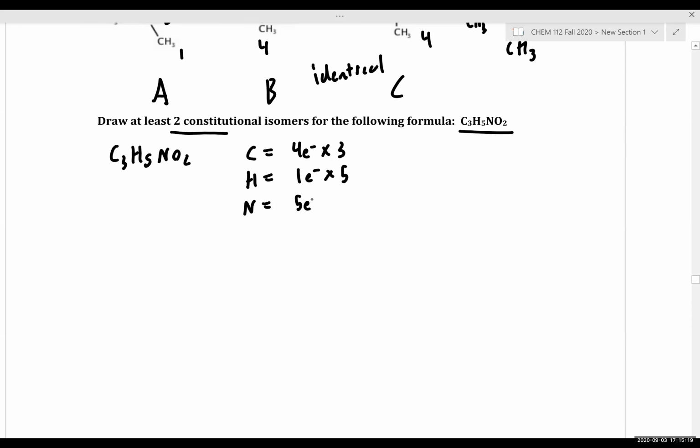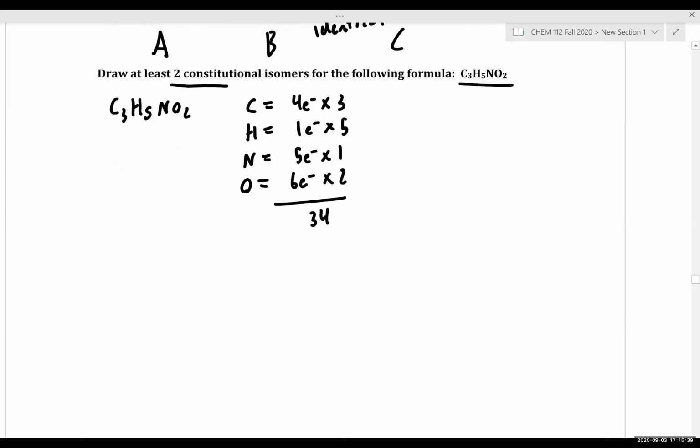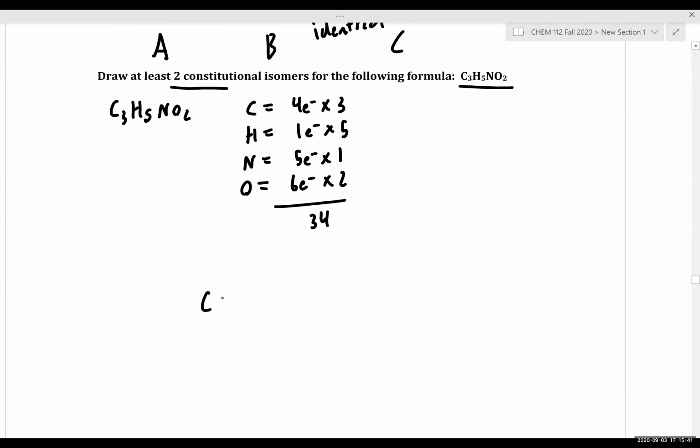For nitrogen, we have 5 electrons and we have 1 nitrogen. And for oxygen, we have 6 electrons and we have 2 oxygens. So adding up our electrons, we get 34 electrons total. And there are a range of possible constitutional isomers that we can draw.